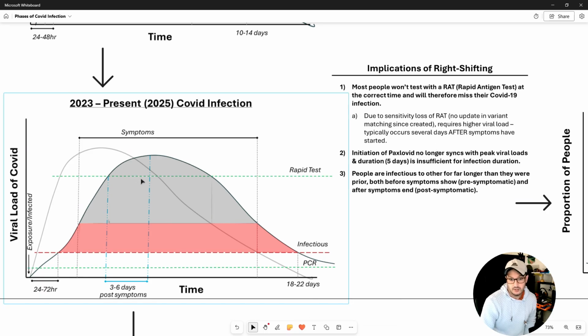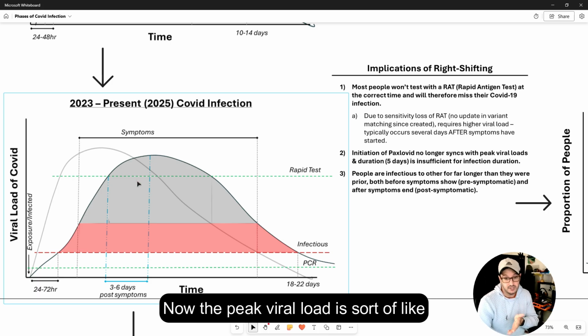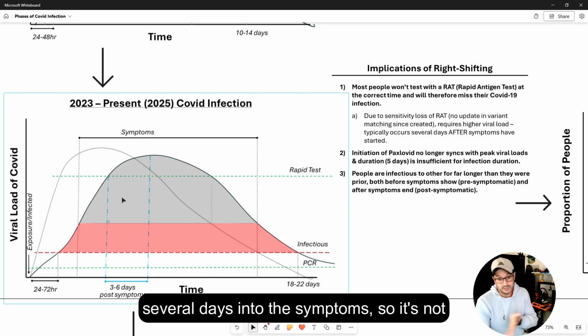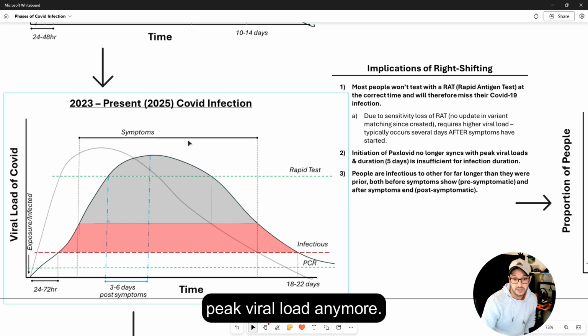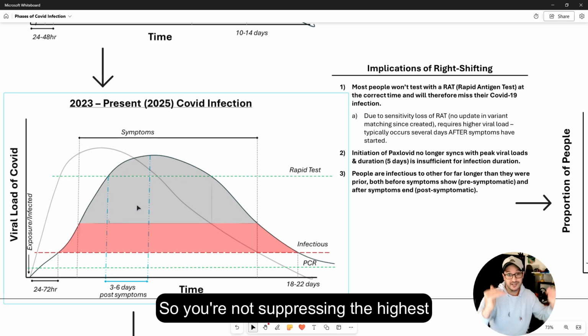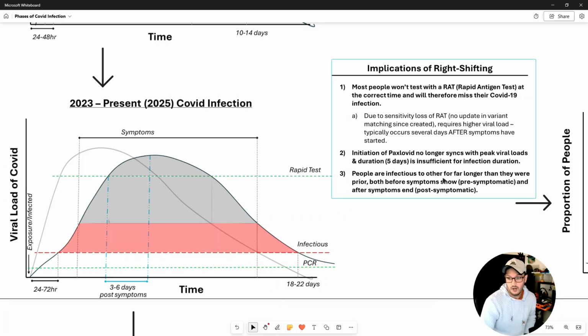Initially the peak viral load was very close to the early side of symptoms. Now the peak viral load is several days into the symptoms, so it's not matching the infection peak viral load anymore. So you're not suppressing the highest levels, you're suppressing lower levels while it's still increasing.